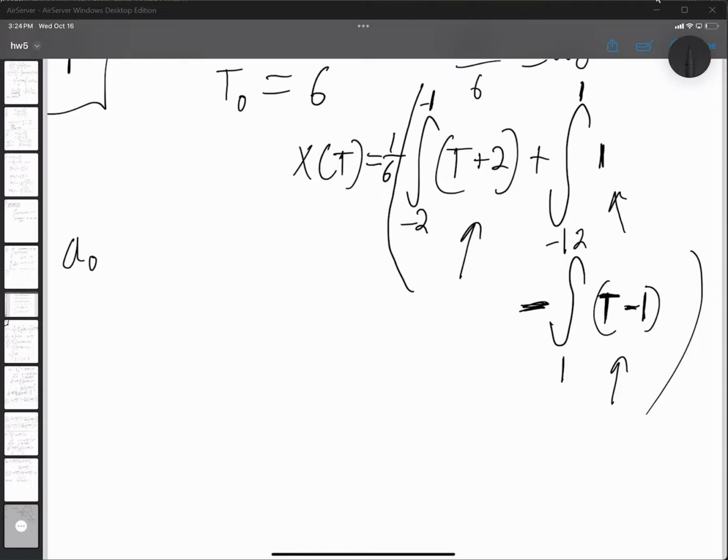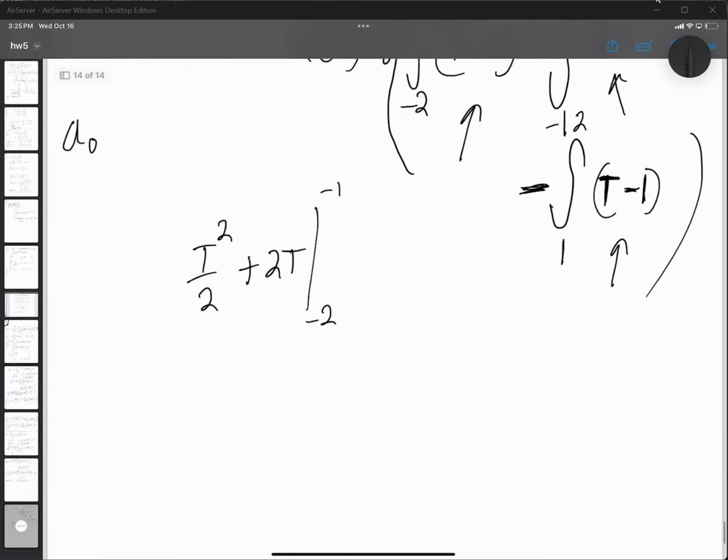Okay, let's see. t plus 2. So we'll get t squared divided by 2 plus 2t, from negative 2 to negative 1. We'll get 1/2 minus 2 minus 2 minus 4.